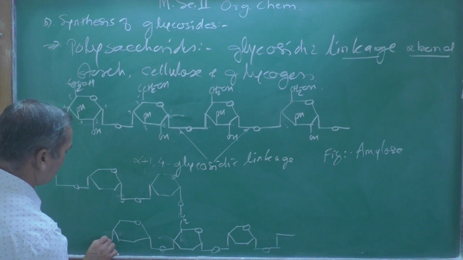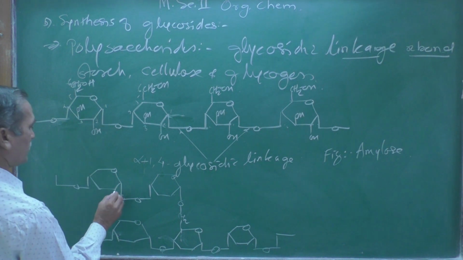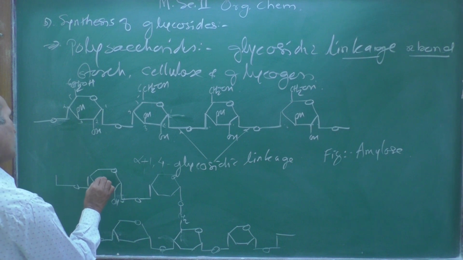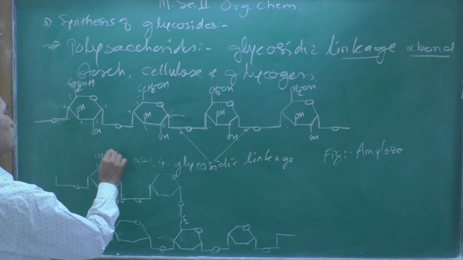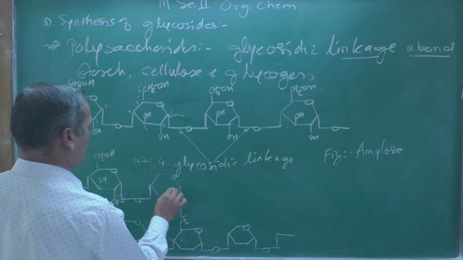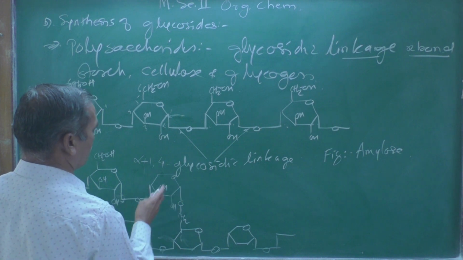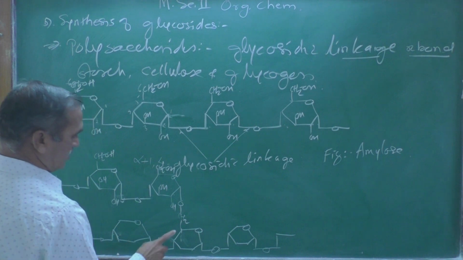Similarly, look here again, one hydroxy group below the plane and another hydroxy group above the plane. Here we can write CH2OH. Here also the same, a hydroxy group below the plane, one hydroxy group above the plane, then you can write CH2OH.